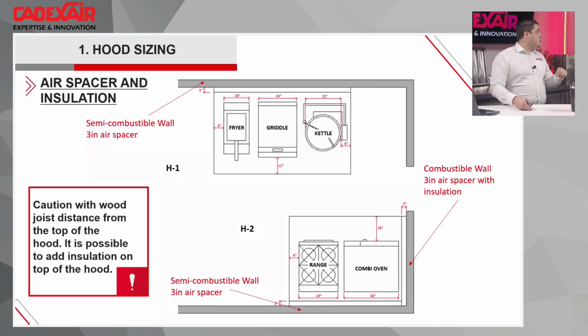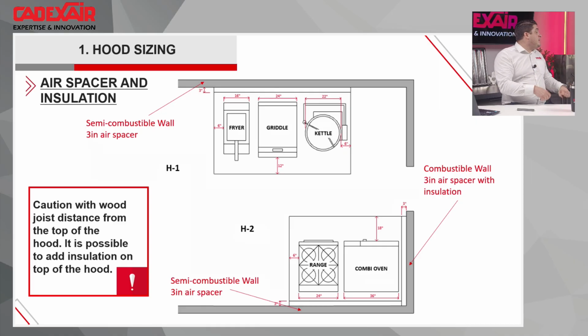I always prefer to keep the 3-inch clearance, and the main reason is that this 3-inch clearance gives a little bit more space for the installer to be able to weld this dog collar. If you're directly against the back panel of the hood, if you remember correctly, we had 3 inches of gap between the back panel and the dog collar, so it doesn't give you a lot of space for that kind of installation.